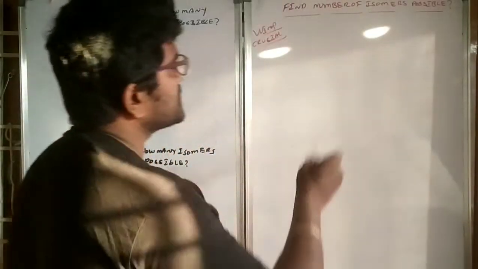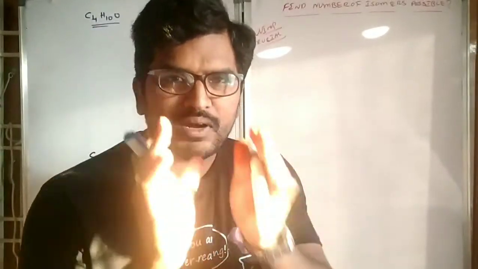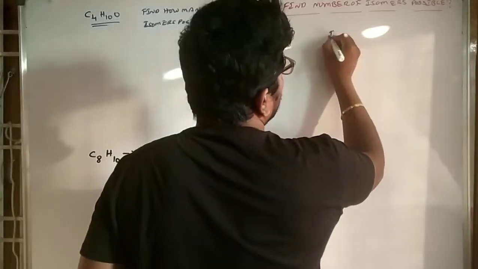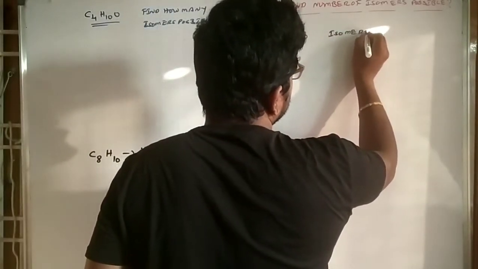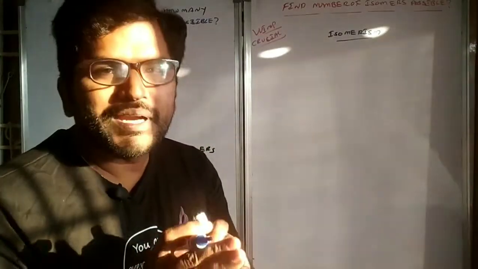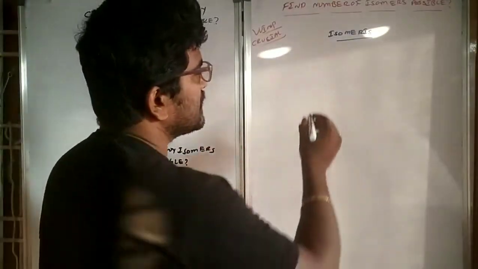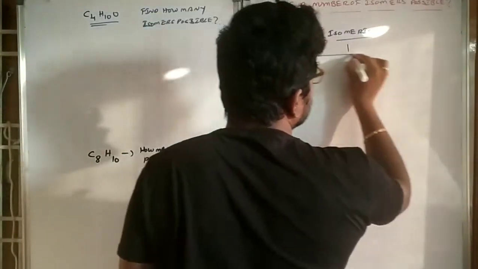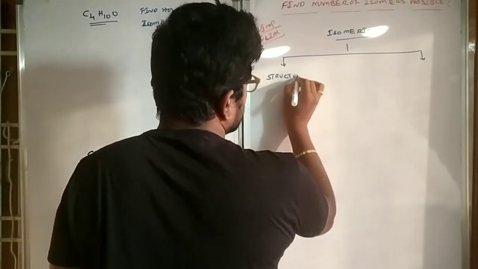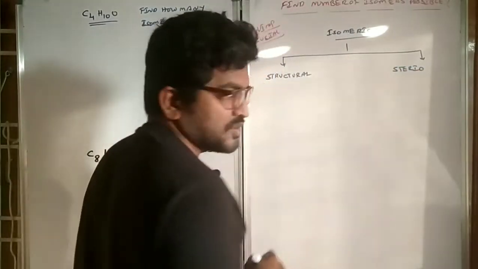Let us see the first thing. To identify the number of isomers possible, first you should have an idea on isomerism completely. Let me give you a brief idea of isomerism. I have made separate videos on this, but the brief idea will help you understand the concept better. Basically, isomerism is structural isomerism and stereoisomerism.